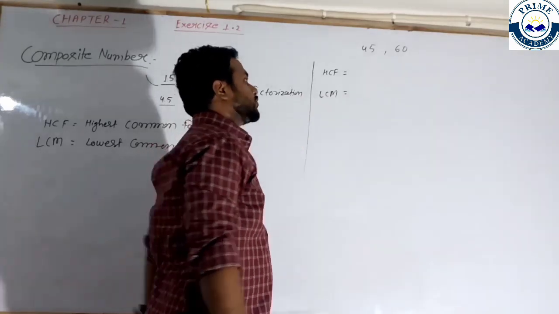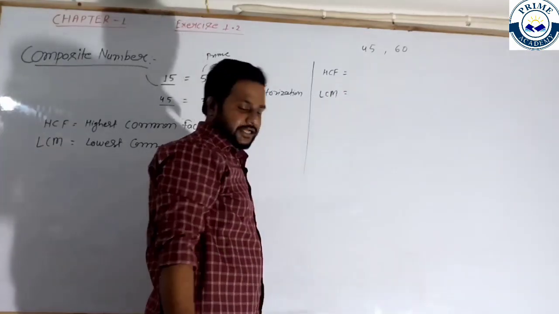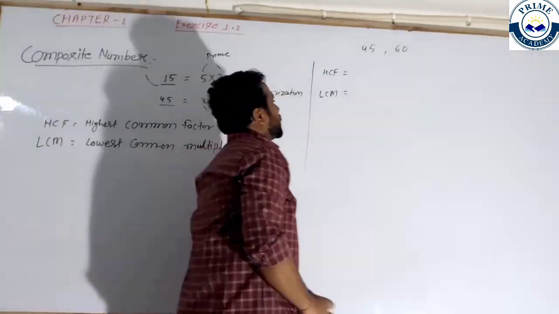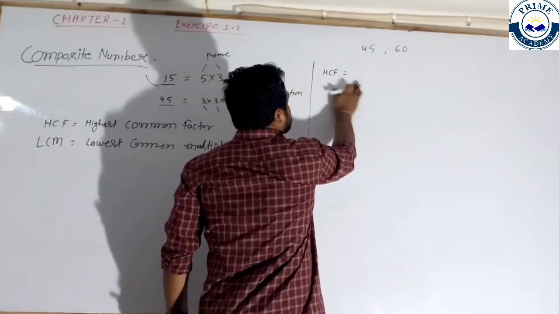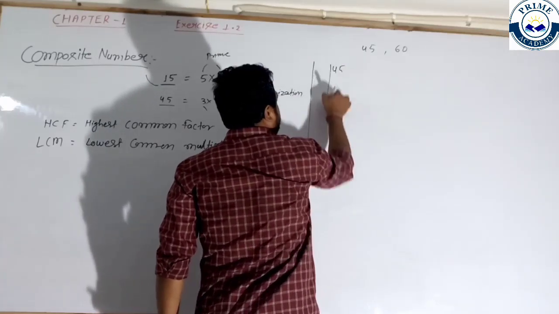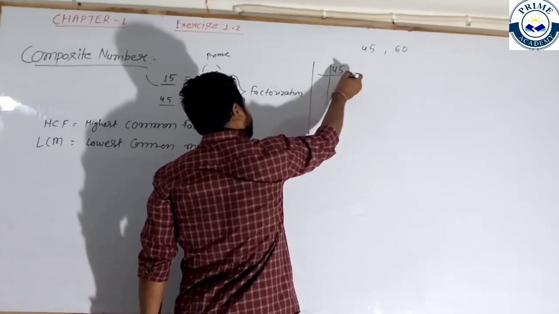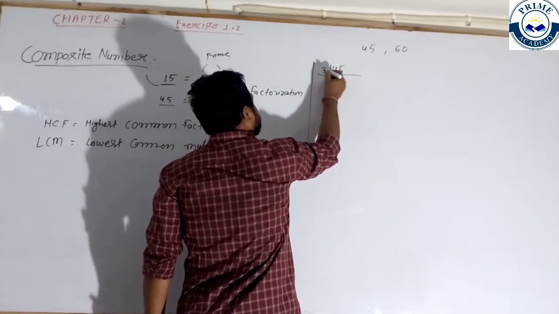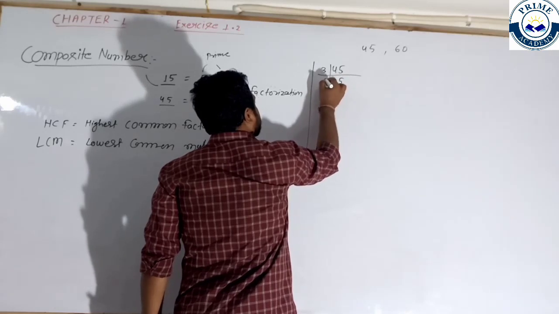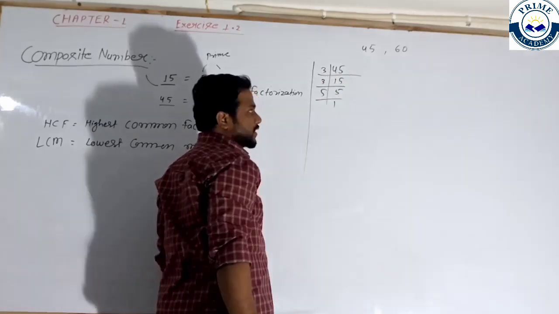So what will we do? We have to calculate HCF and LCM of these two numbers. Simply, you calculate 45 by division: take 3, this will be 15. Take 3 again, this will be 5. 5 divided by 5 equals 1.